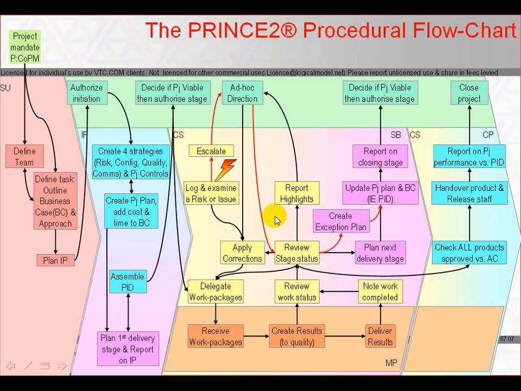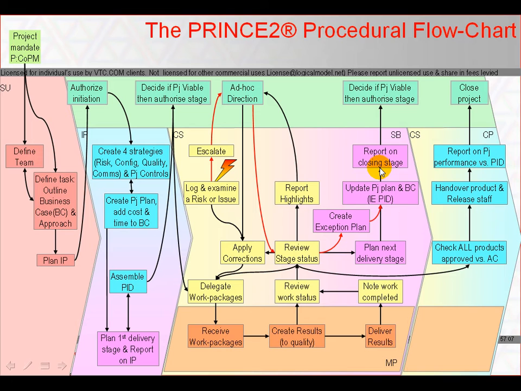Taking each in turn, when an exception report shows that the current stage will not complete to its current stage plan, plus or minus agreed tolerances, then the activities of managing a stage boundary may be used to bring a premature close to the current stage and create a new stage plan. Also, probably a revised project plan, revised business case and revised risk profiles, and perhaps revised role assignments and responsibilities.